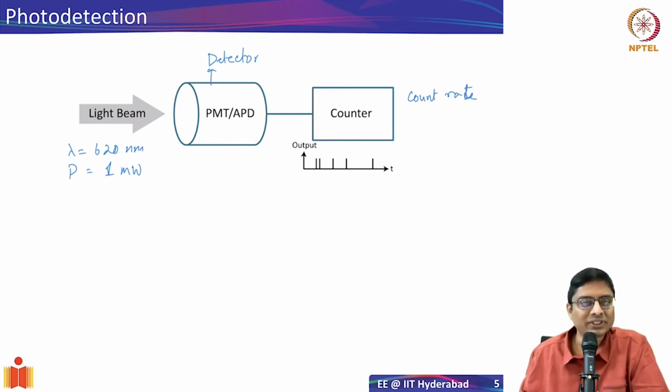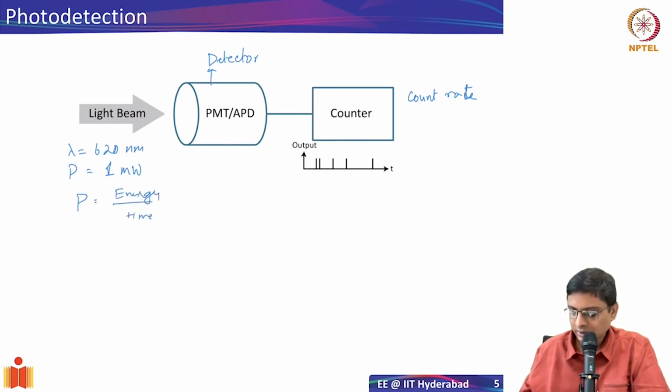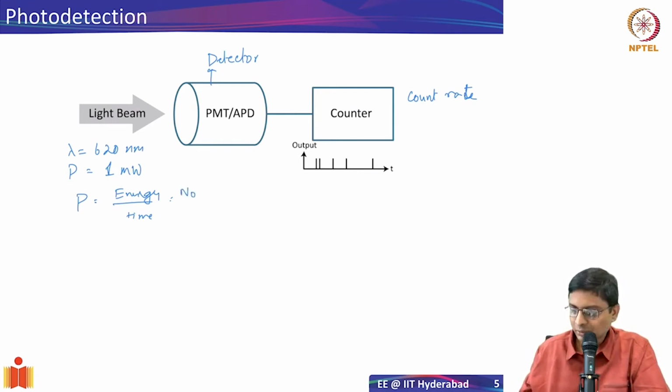The power is given to us as 1 milliwatt. So my power is simply energy per time. P is energy per unit time. The total amount of energy is simply the number of photons times h nu, divided by time.